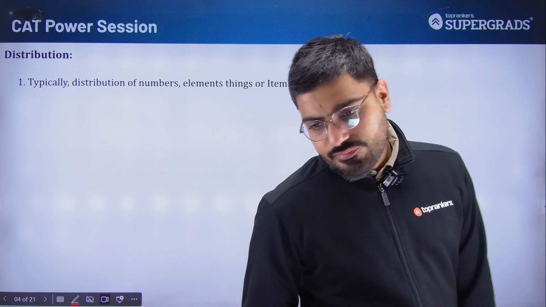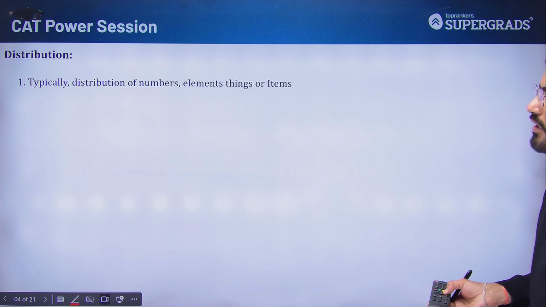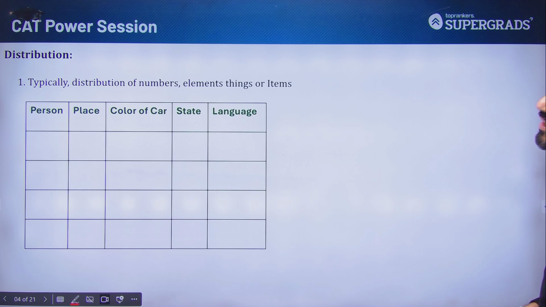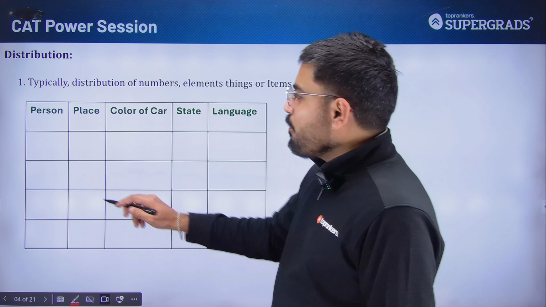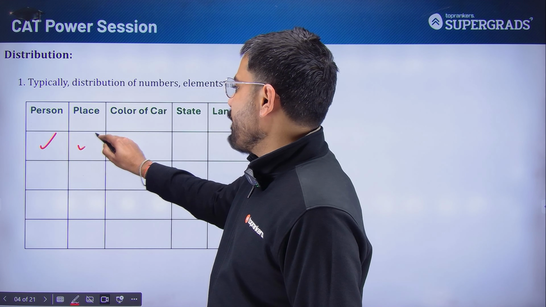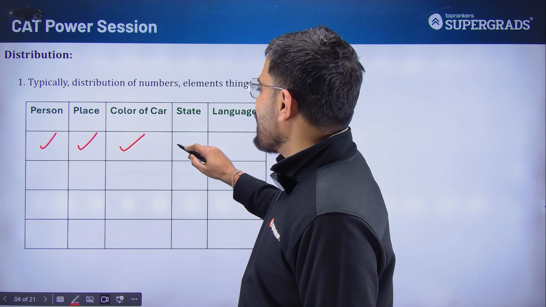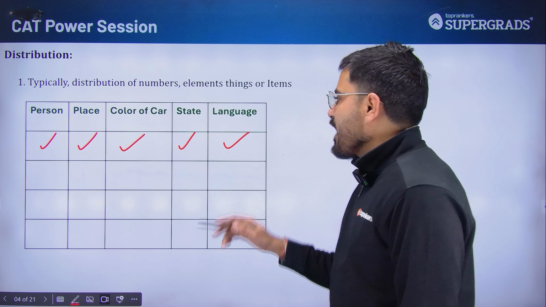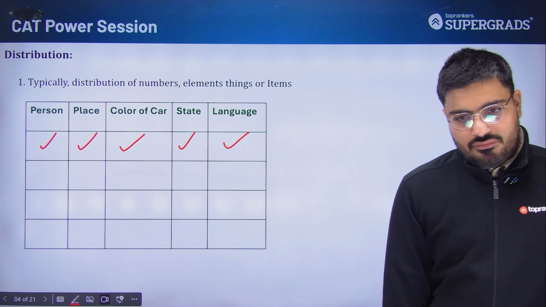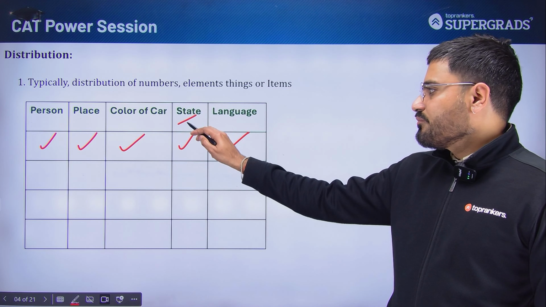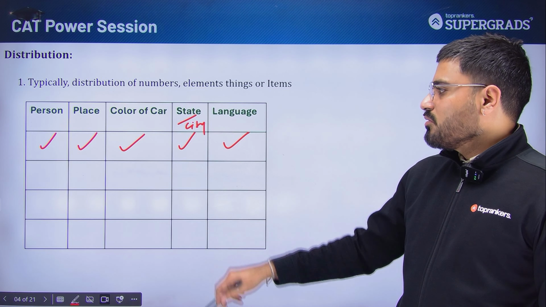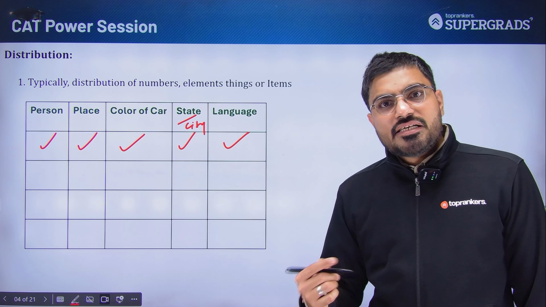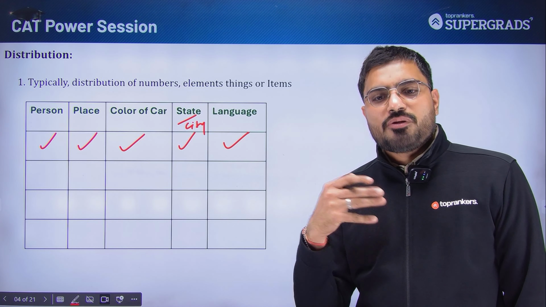Here is one example. In this table, you have to populate a person name, a place name, the color of the car, the state which they come from, and the language they speak. So here are multiple things and you have to populate all of these things.